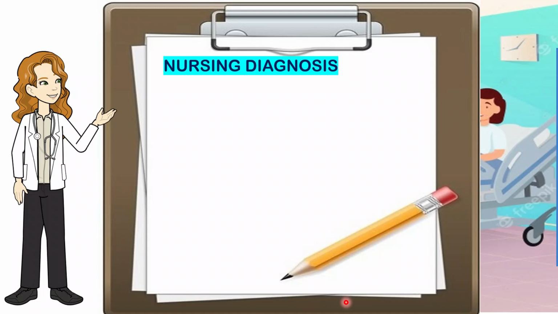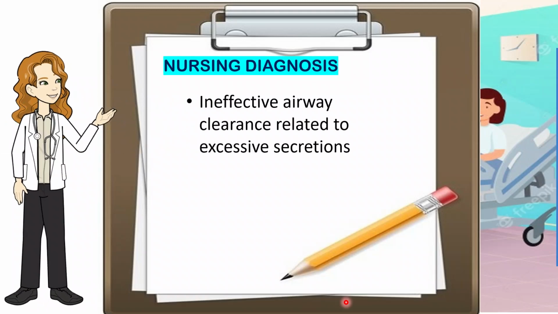Once you're done with your assessment, it's time for you to create your nursing diagnosis before you proceed with the procedure. These are just samples of nursing diagnoses for patients who have problems in the lungs or airway. Number 1 is ineffective airway clearance related to excessive secretions.